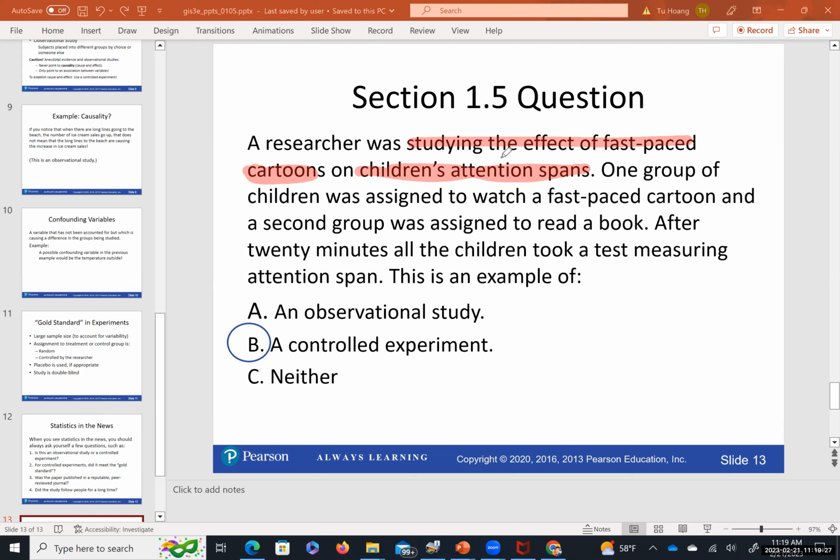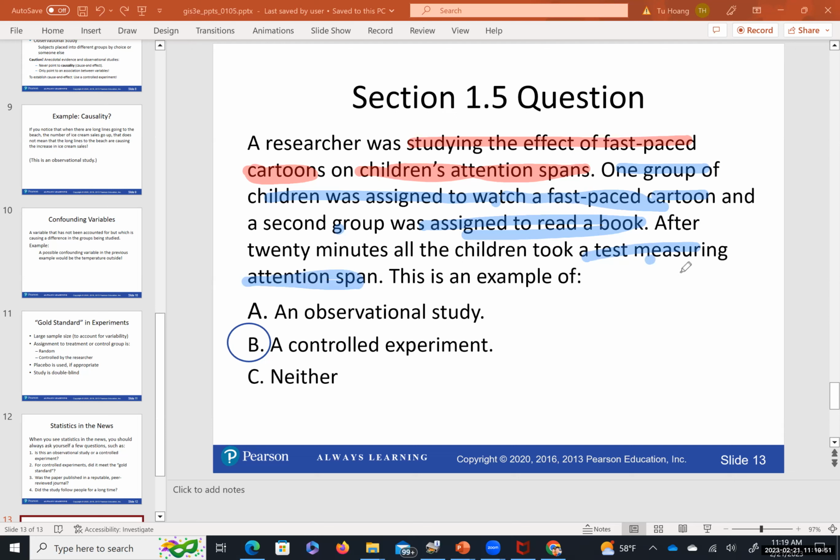So one group of children was assigned to watch a fast-paced cartoon, and the second group was assigned to read a book. So after 20 minutes, all the children took a test measuring attention span.